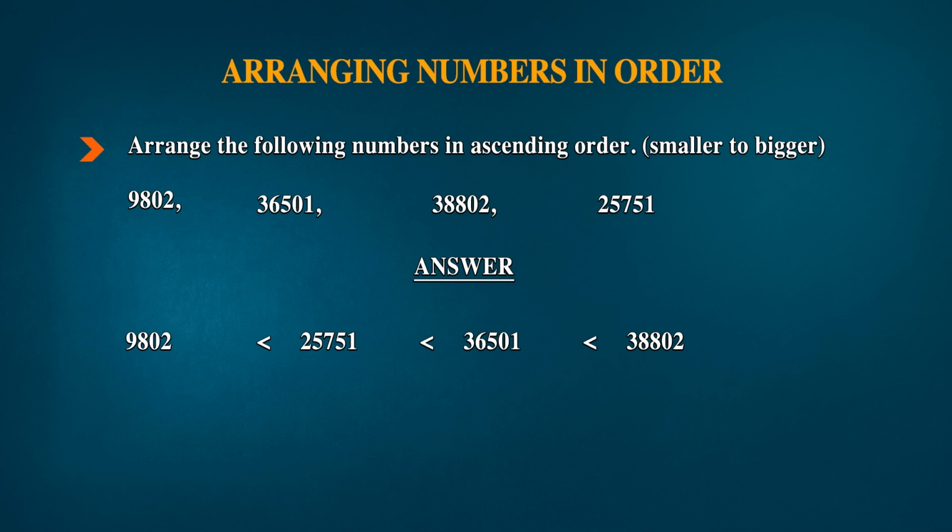Out of 36501 and 38802, 36501 is smaller than 38802 because of the second digit from the left, and the number 38802 is the biggest of these. So, the answer is 9802 is smaller than 25751 is smaller than 36501, which in turn is smaller than 38802.